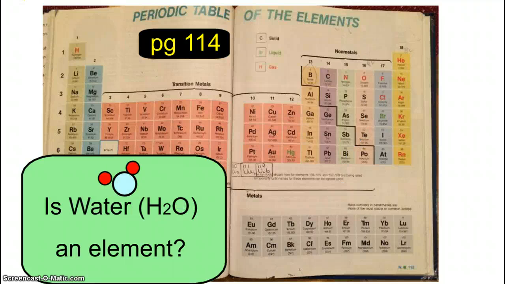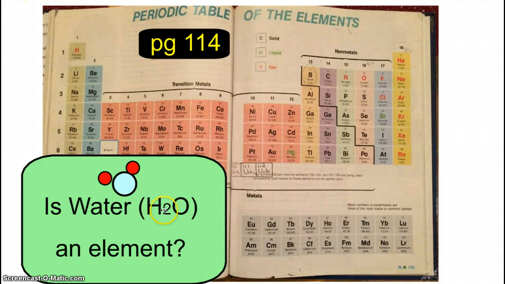How about another one? I'm looking right away at the set of atoms here, and it looks like there are 3 atoms that are combined for some reason. And the question is asking me, is water, H2O, an element? H2O.